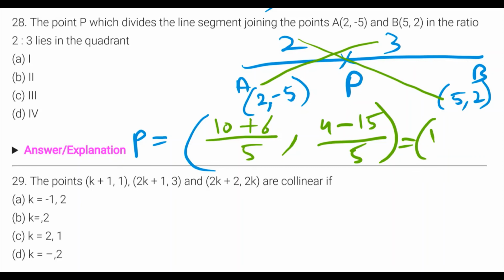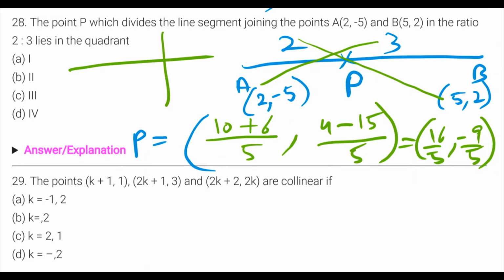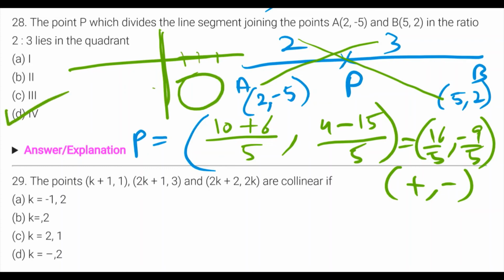That equals 16/5, -11/5. So the x coordinate is positive and the y coordinate is negative. In the fourth quadrant, x is positive and y is negative. So option D.